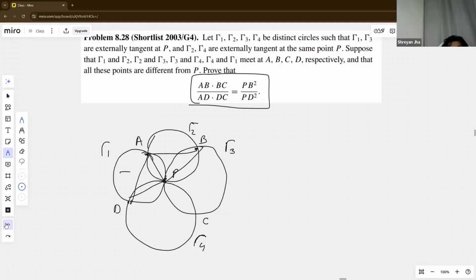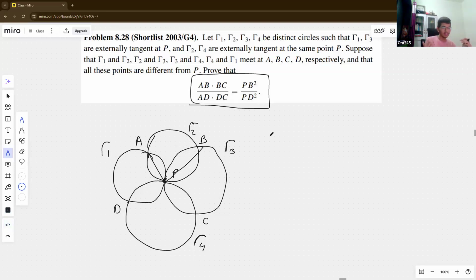The fact that obviously comes up when you learn inversion is, you do inversions. So what is inversion giving us? As I told, a circle passing through the center of the inverting circle transforms into a line. So what is the obvious point to invert at?